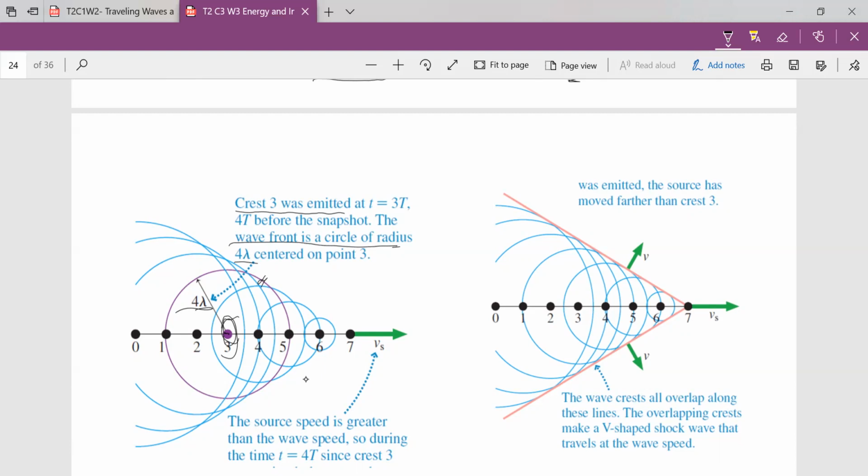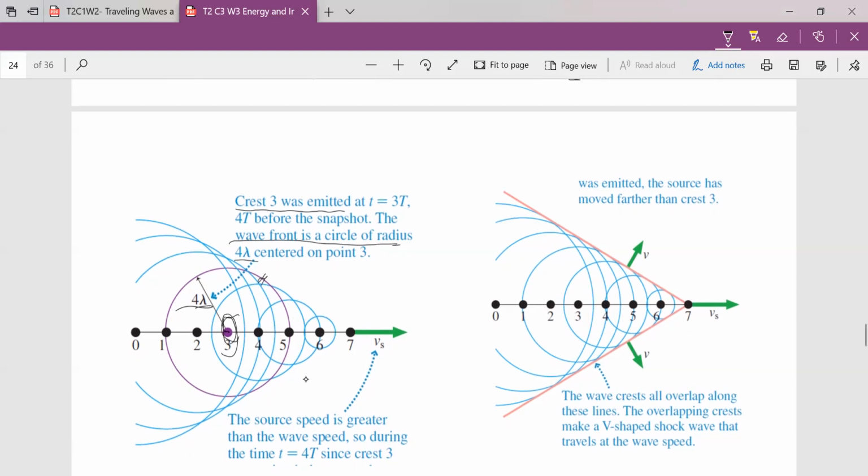And as it produces, the source tends to move faster than that wave. So the source speed is greater than the speed of the wave it has produced. It's already covering that distance almost immediately, such that during the time 4T since the third crest was emitted, the source has moved further beyond the third crest.